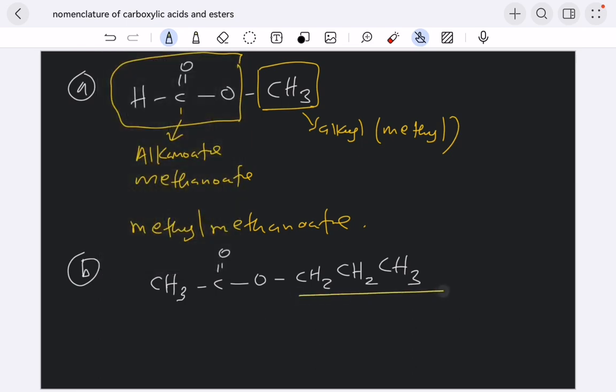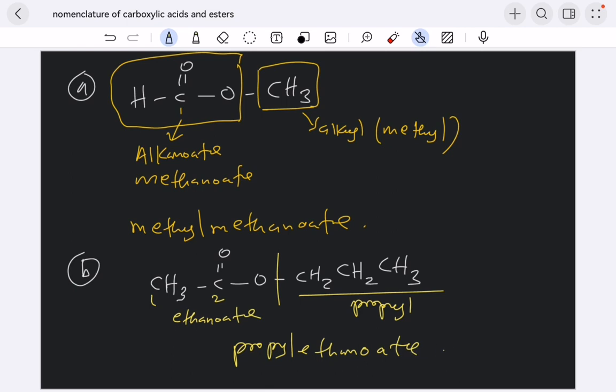When we count the number of carbons there, it's 3, meaning it's a propyl. Then when we come this side, we have 1, 2, which means ethanoate. So when we put them together, it's going to be propyl ethanoate.